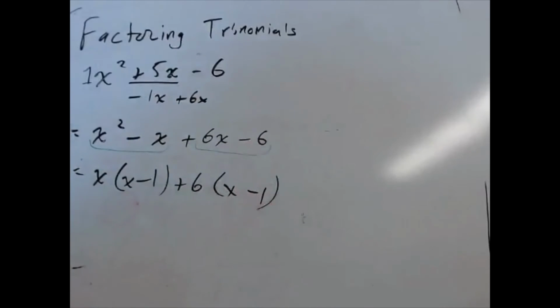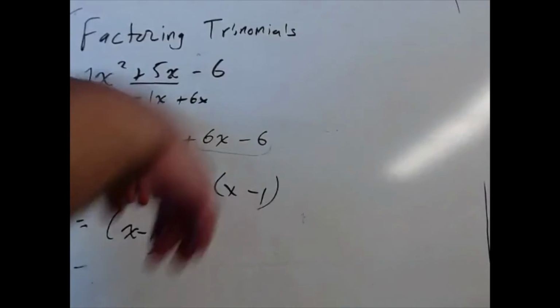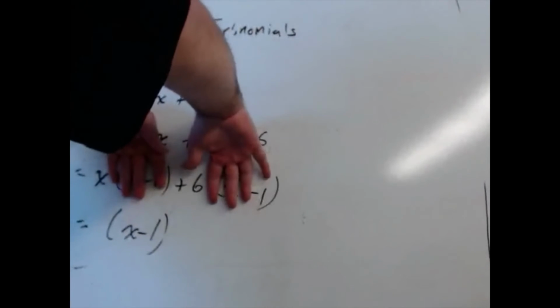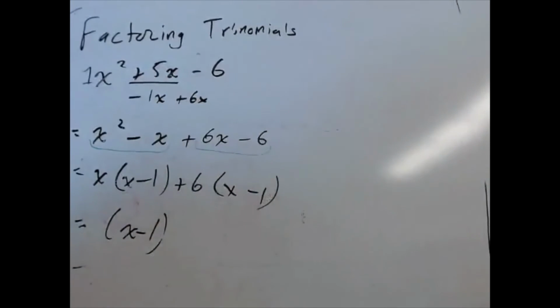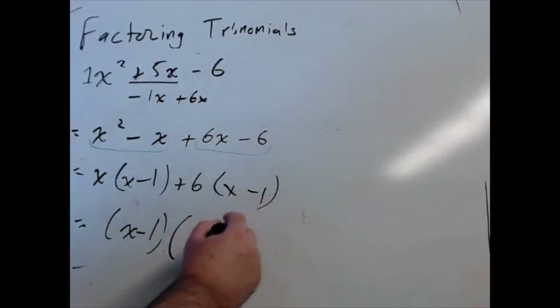Okay, now we've got the common bracket here. X minus 1 is the common bracket. So I'm going to write down that common bracket first. And then when I cover up the common bracket, I'm going to have x right here plus 6 right there. So my other bracket is x plus 6.